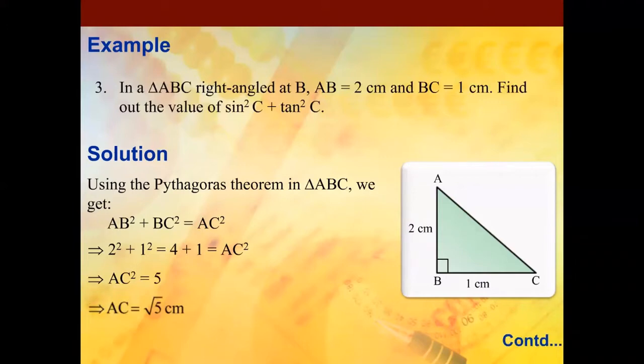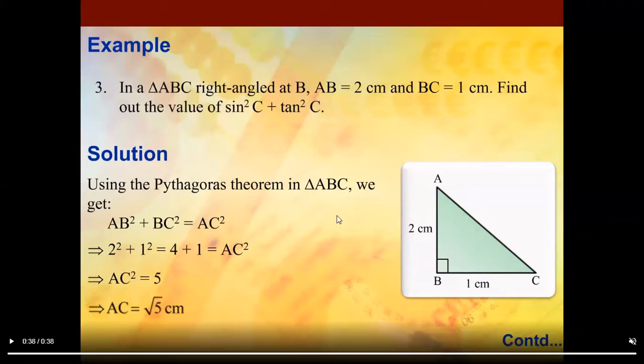Then we need to find out the value of sine square C plus tan square C. By this time, children, you have understood how to find it. Yes? Yes, children. You need to use the trigonometric ratios of sine and tan, substitute the values and get the answer. Let us see what we will get.